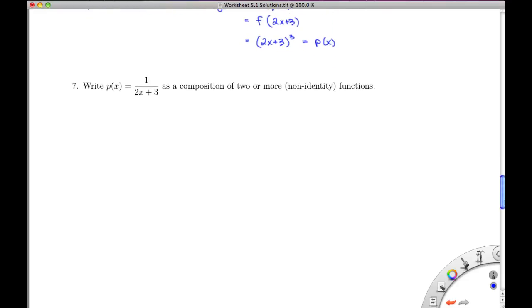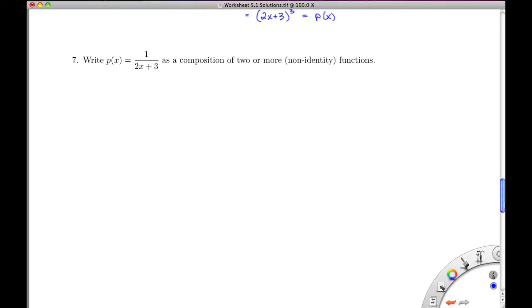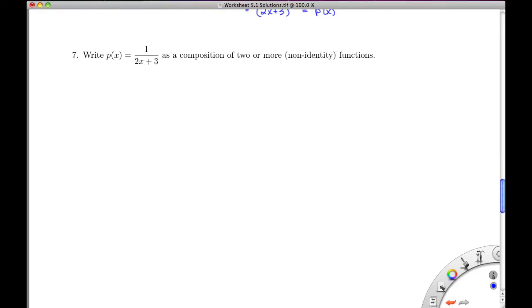Same idea. We want to write p as a composition of two or more non-identity functions. So here's the way that we did it before. We think of it as a composition of two functions, just two put together.